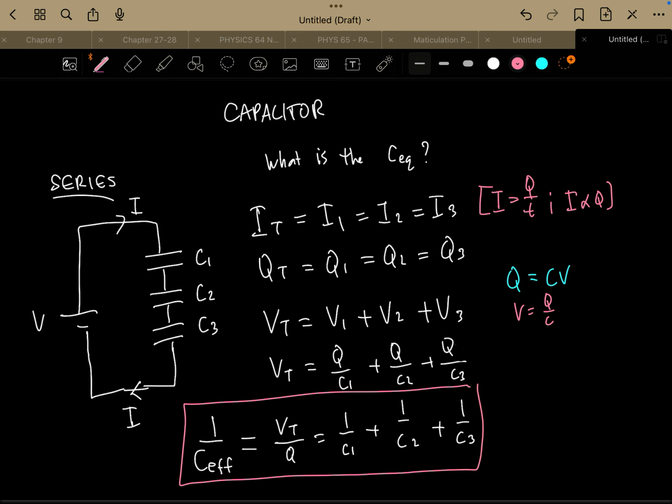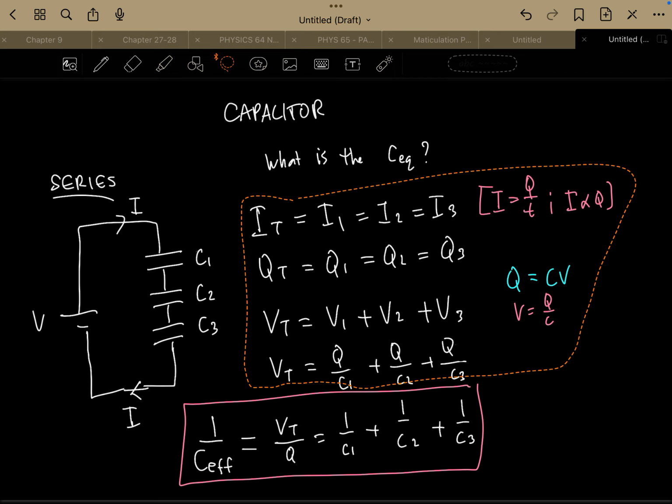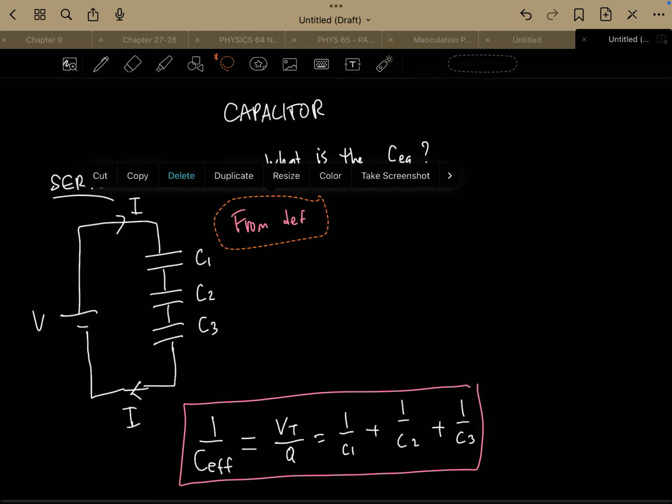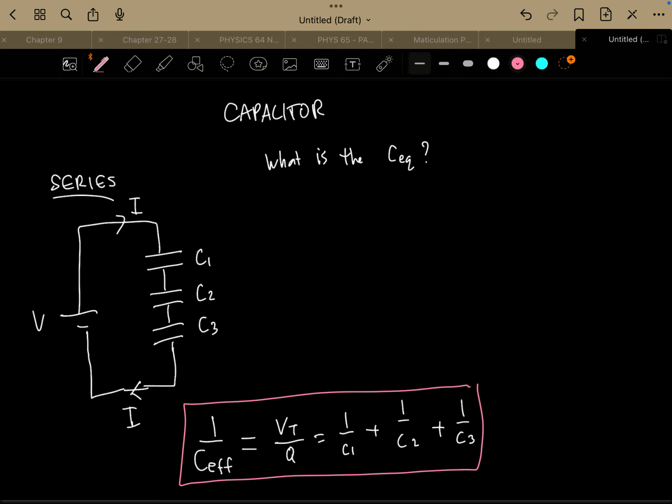Okay, another very simple way to look at this is from definition. Maybe I should not use pink, I should use different color.